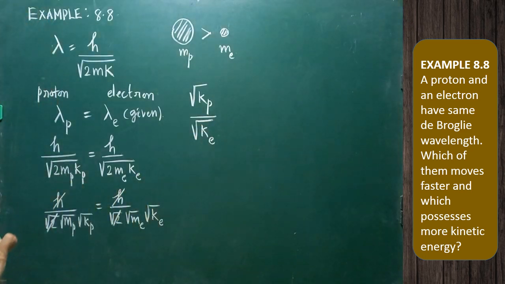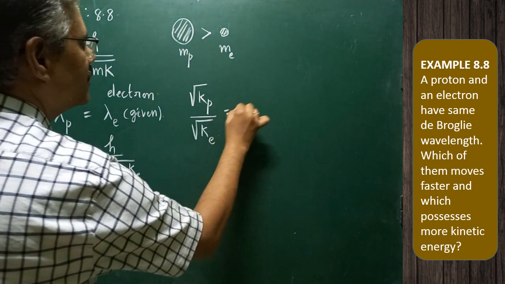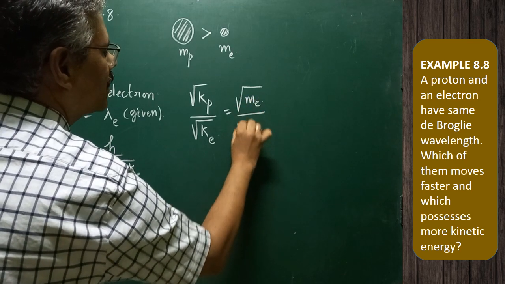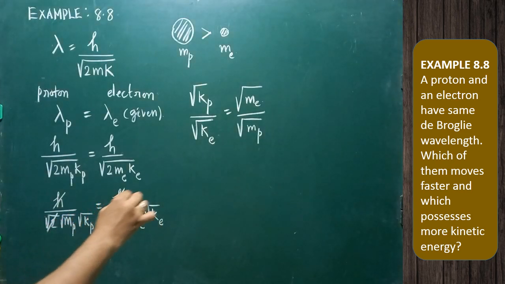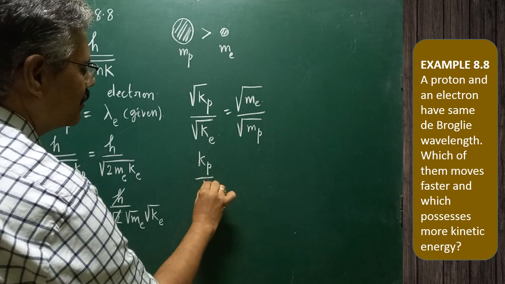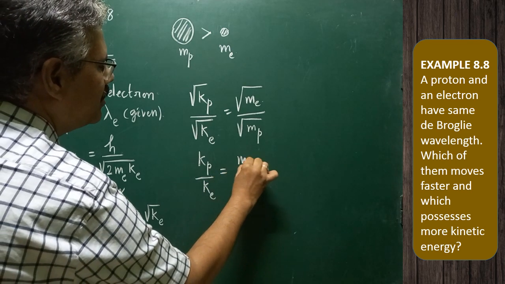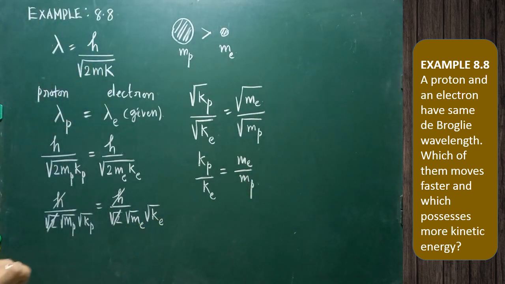If it is brought up, this one will go up. Are you clear? So this is equal to square root of mass of the electron divided by square root of mass of the proton. Take the square on both sides. So finally we get Kp divided by Ke equals me divided by mp. So in that order you will get.